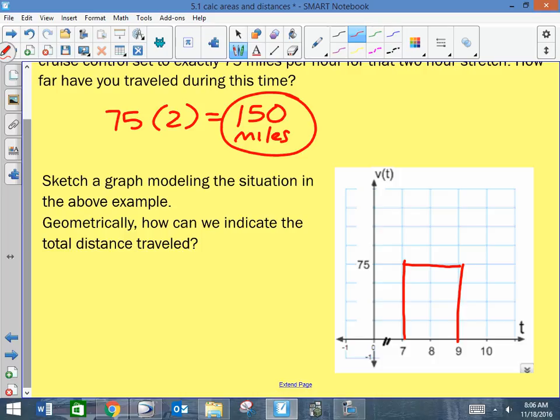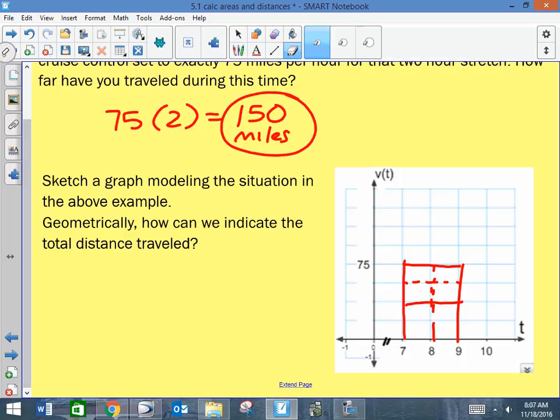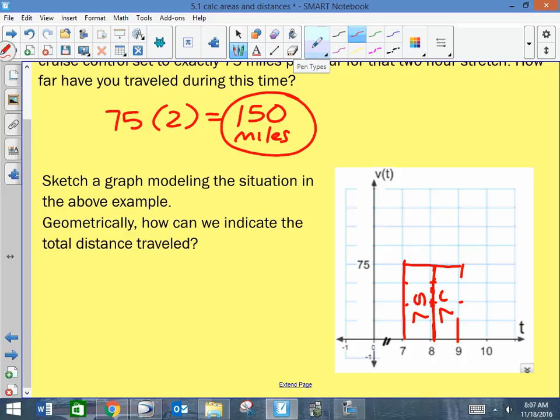Okay, so I got 75 right here and 75 right here.